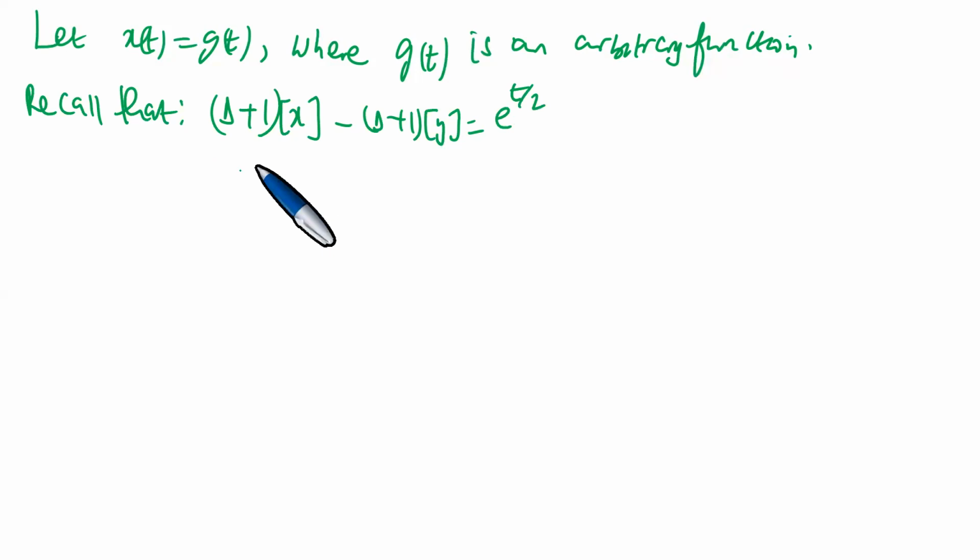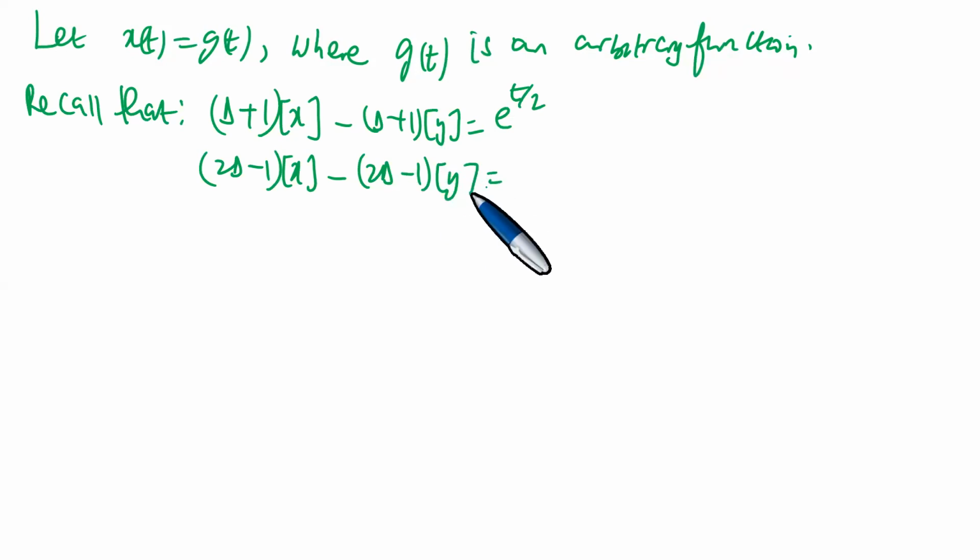And then we have 2d minus 1 d, which means 2d minus 1, equals e to the minus t. We call this one equation 1, and we call this one equation 2.